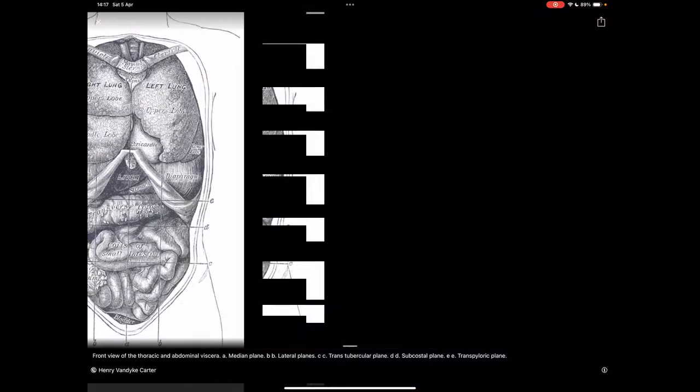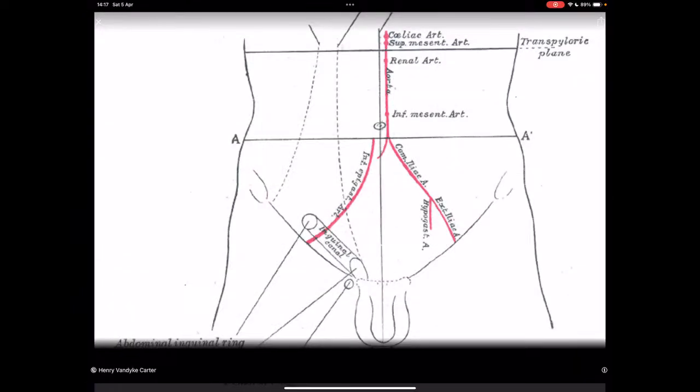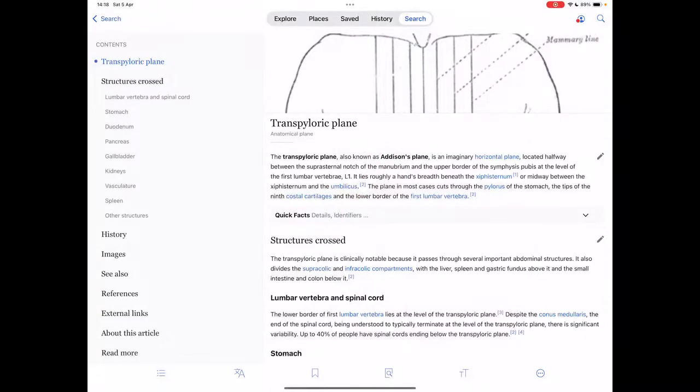Anything else that it intersects? Yes, it can also intersect the fundus of the gallbladder, parts of the transverse colon, and sometimes the origin of the superior mesenteric artery. It varies slightly between individuals, but is a very useful reference point. I see.